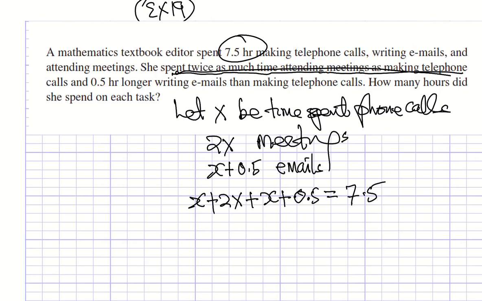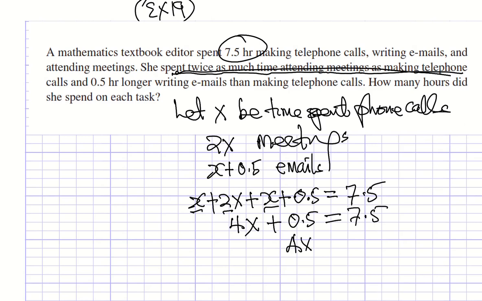So you combine the variables and you combine the constants on the left. What do you get? 1 here, 1 there, 2 here, so you get 4x plus 0.5 is equal to 7.5.